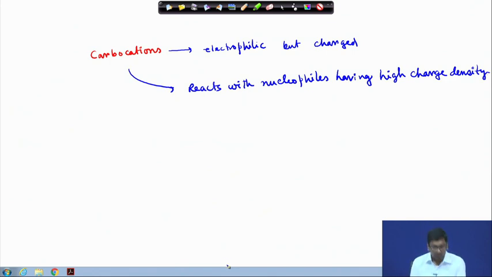This is the basic difference from carbenes.